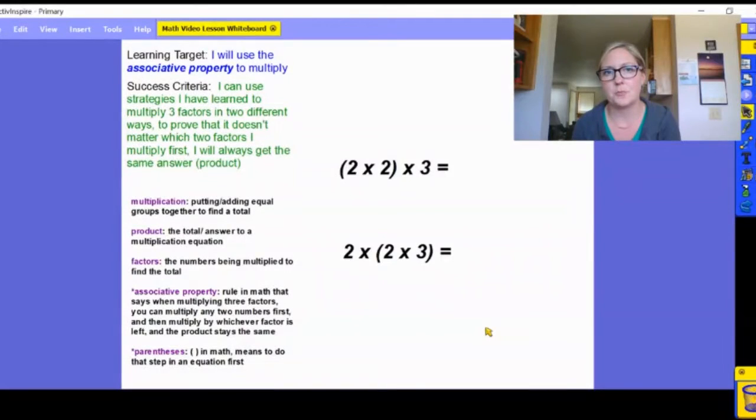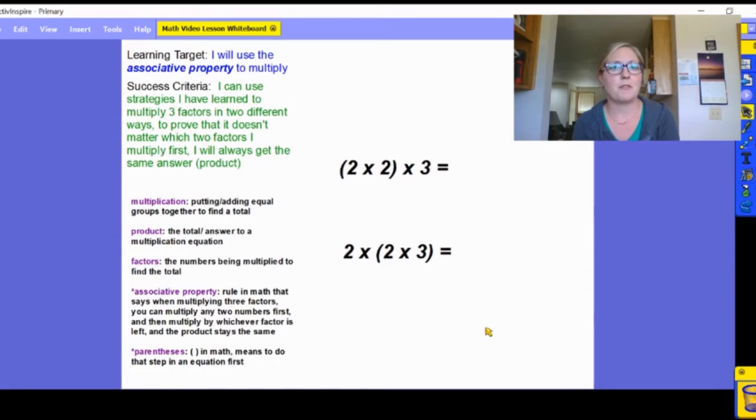Today is to be able to use the associative property to multiply, and specifically to use it as a strategy to multiply 3 factors in an equation. We can use any of the multiplication strategies I've taught you so far. So repeated addition, drawing arrays or equal groups, skip counting, that help you solve.